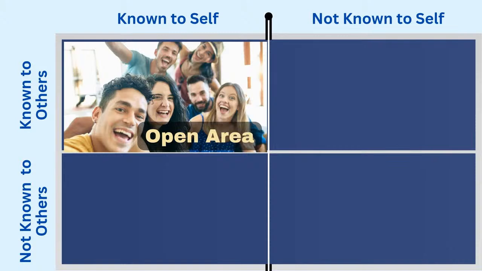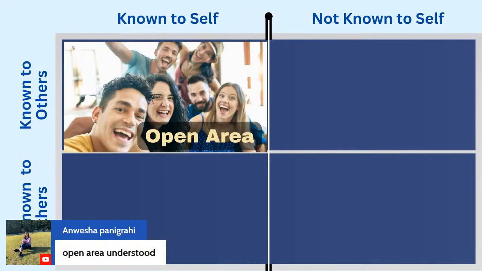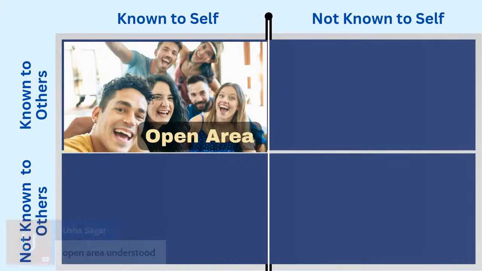Your traits, your internal characteristics, your strengths, your weaknesses, which are known to others and known to yourself, is what we call the open area. If you understood this, just mention it so that I also know. Brilliant, great. Open area is understood by many of you. That's good to see.